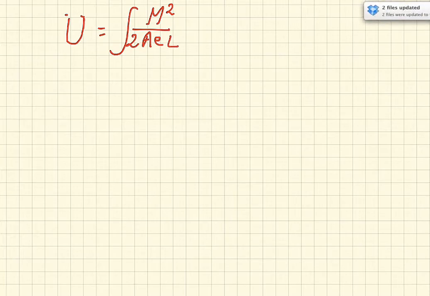So in here, for a curved beam, we have the energy stored U is equal to, again, the integral. And we know that we get this formula, M squared. Instead of 2EI, it will be 2AE, and then this is the modulus of elasticity.